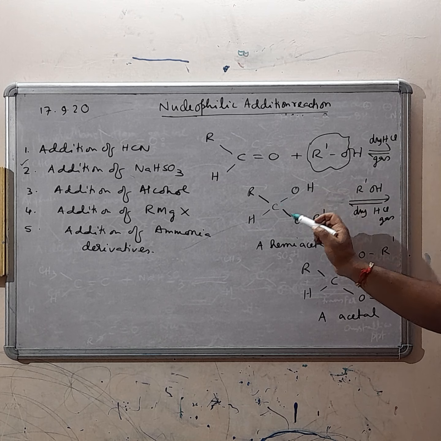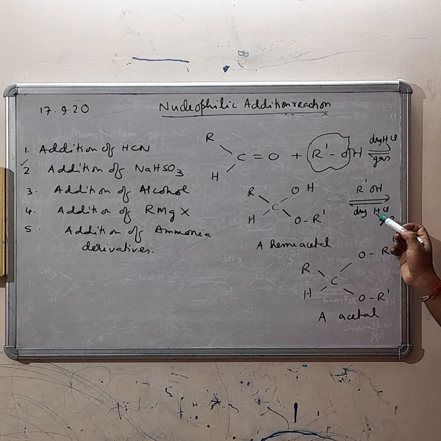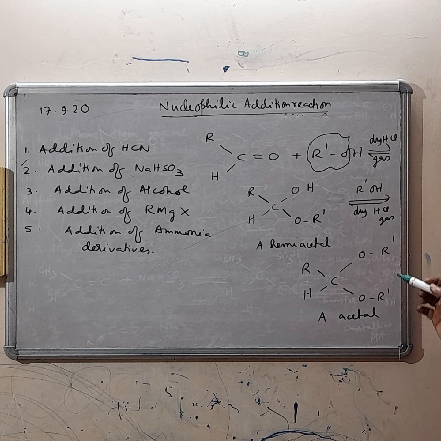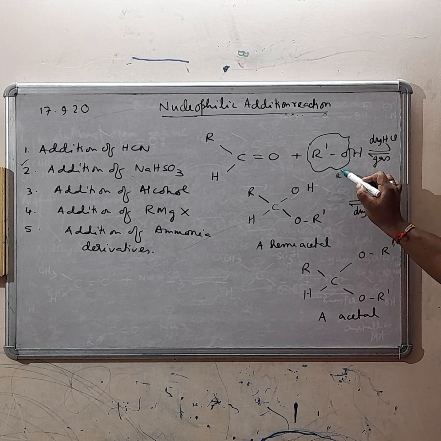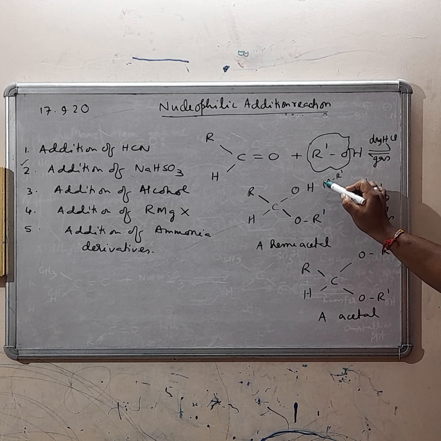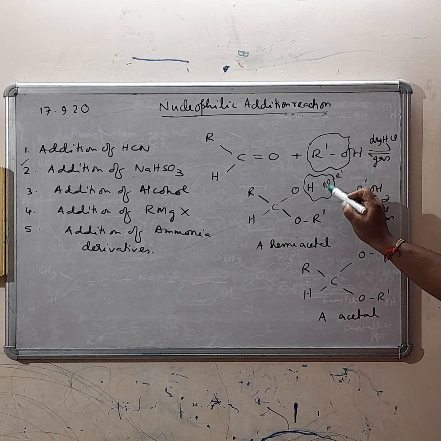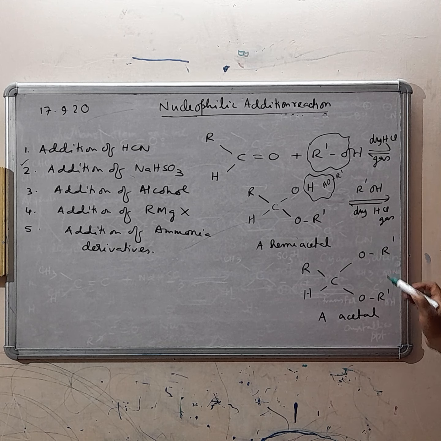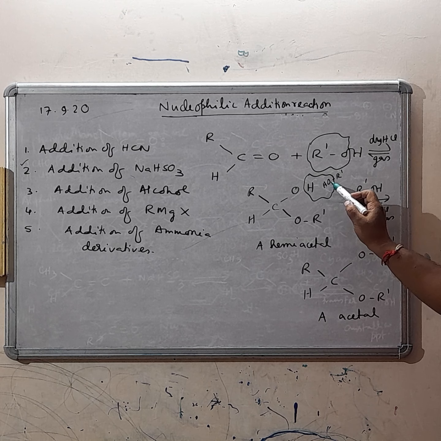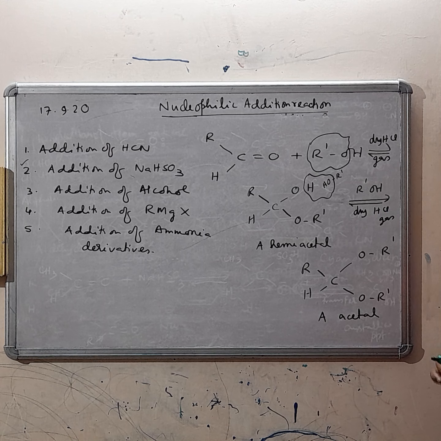Now this hemiacetal can further react with another molecule of alcohol, again in presence of dry HCl gas. And how this reaction happens, I am showing it to you here. That R dash OH, there will be this H and this OH will combine to form water, and this another ethyl unit is formed, and the removal of this water is assisted by dry HCl gas.